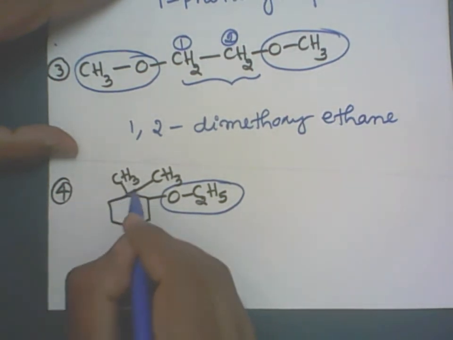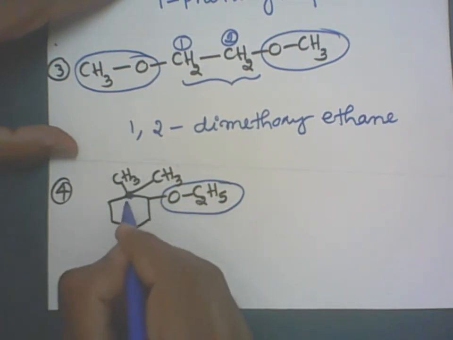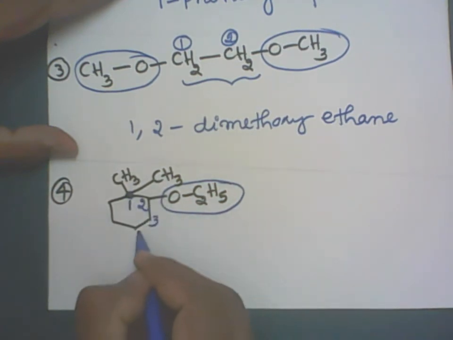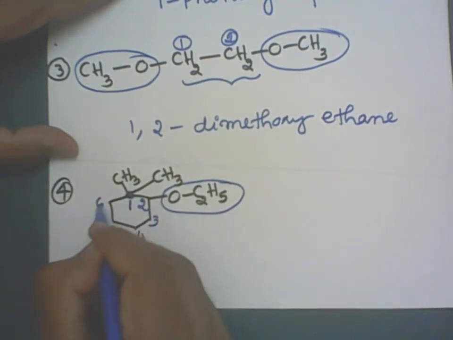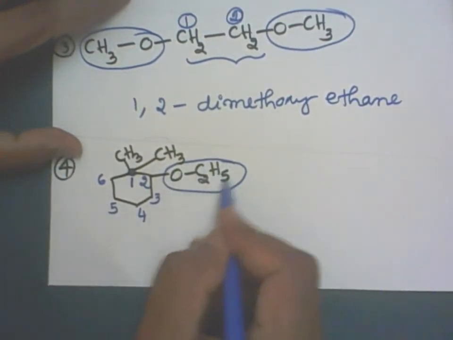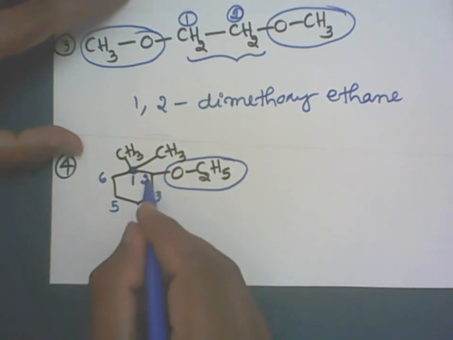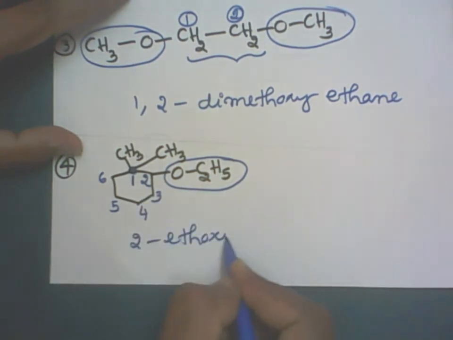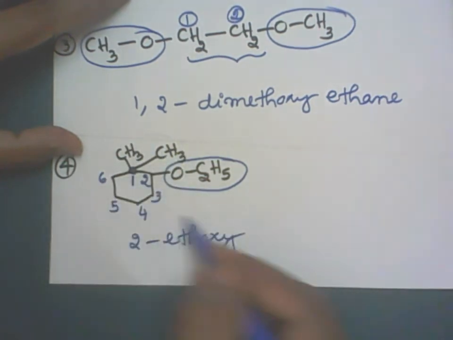Give preference to the carbon containing more substituents. This carbon has 2 substituents. Therefore, carbon number 1, 2, 3, 4, 5, 6. So it is 2-ethoxy, on carbon number 2.